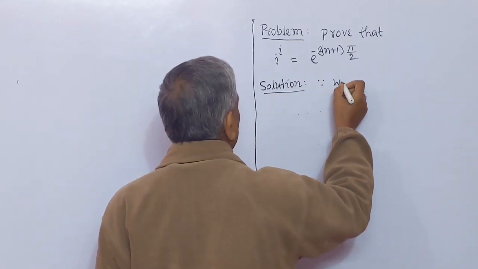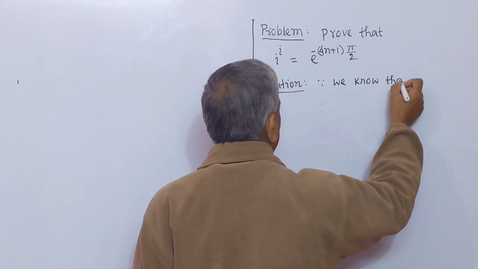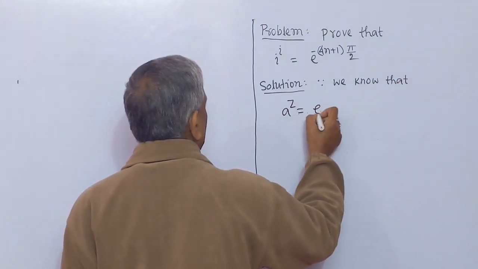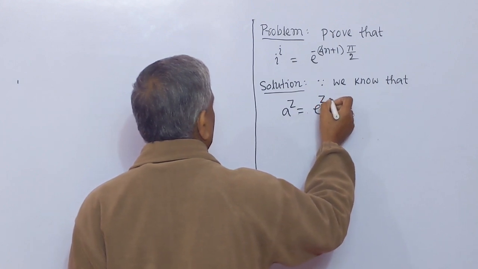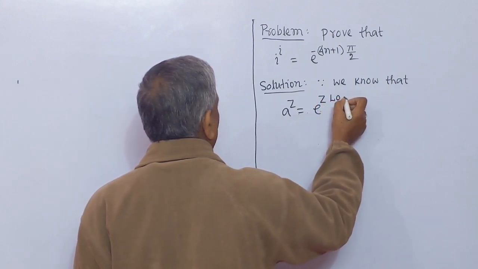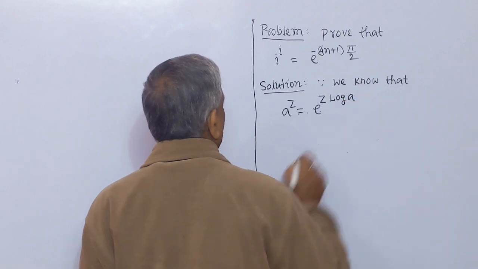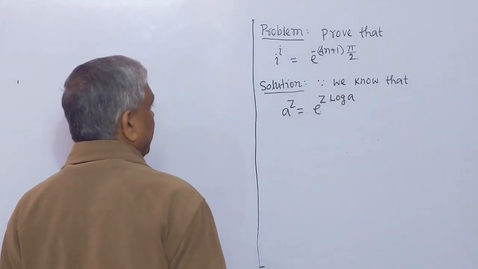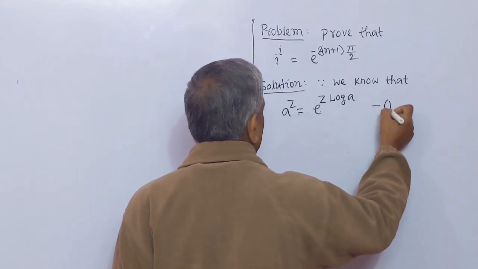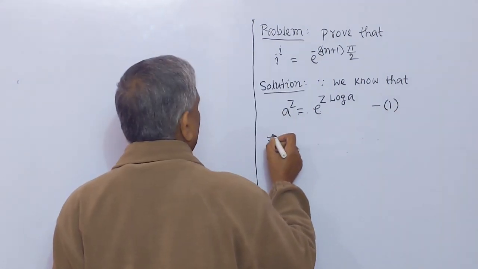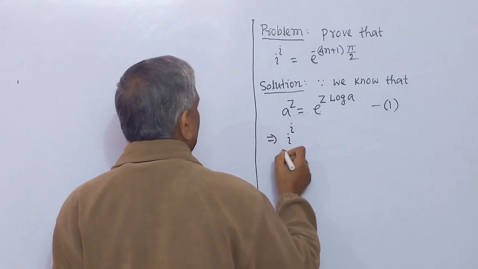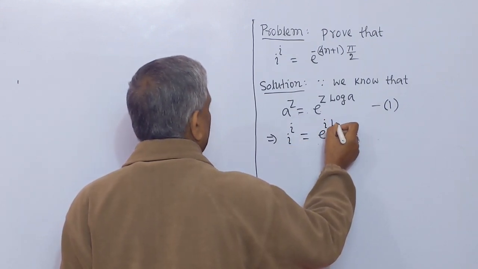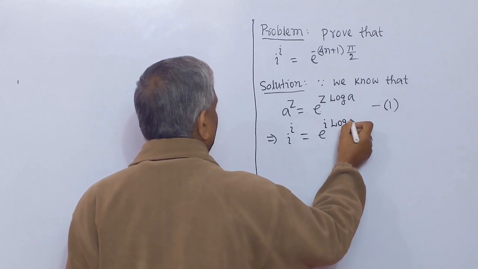Since we know that a^z = e^(z Log a), when a and z are complex numbers. This is number 1. It implies that i^i = e^(i Log i).